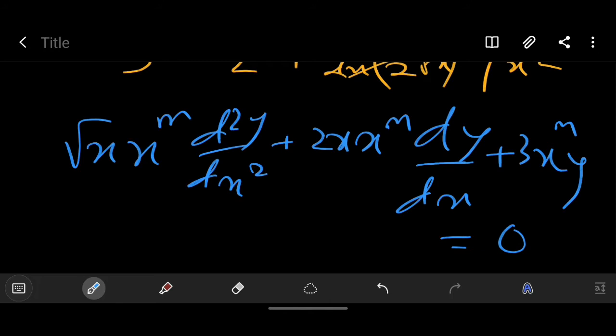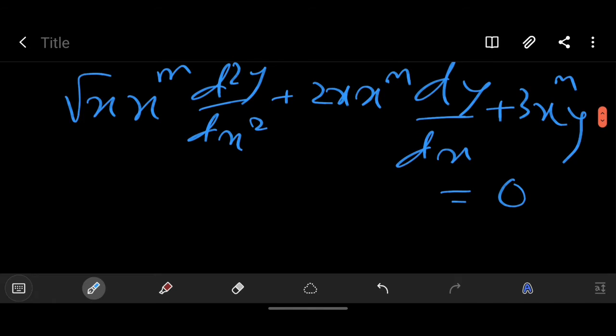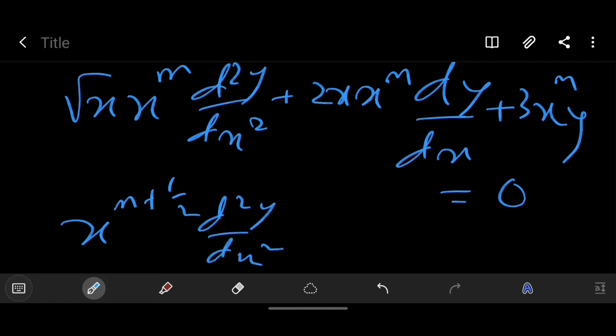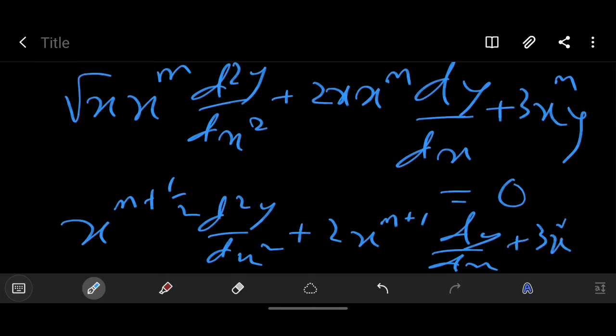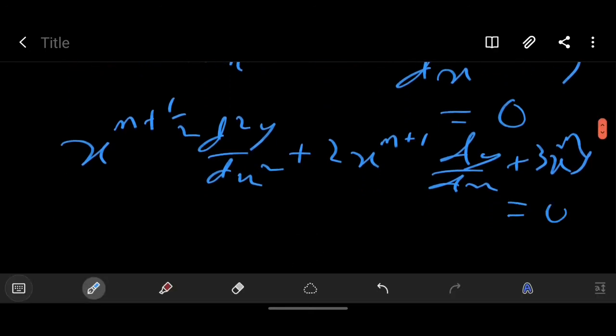If we simplify this, it would be x power m plus half d squared y dx squared plus 2x power m plus 1 dy dx plus 3x power m y, all equal to 0.